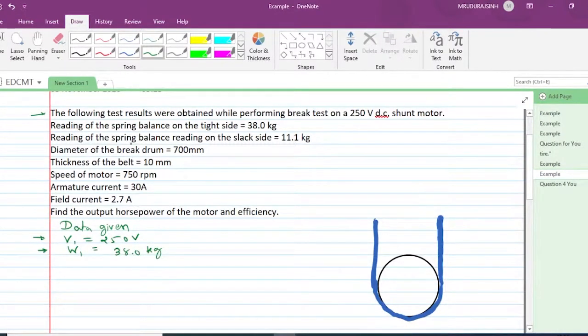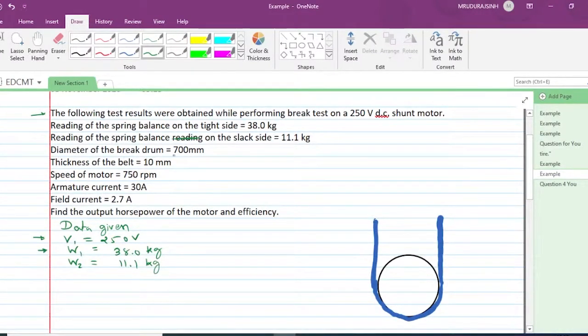The reading of the spring balance on the slack side, W2, is 11.1 kg.